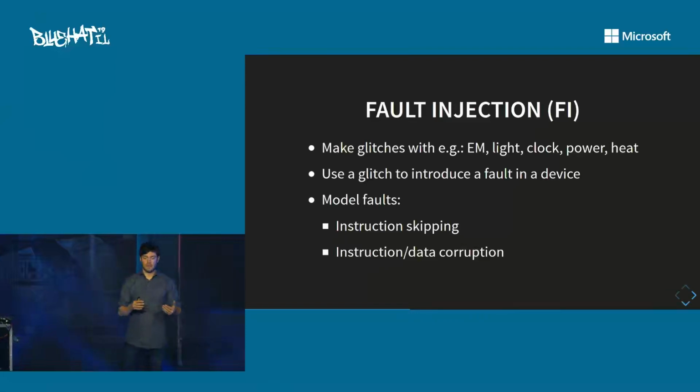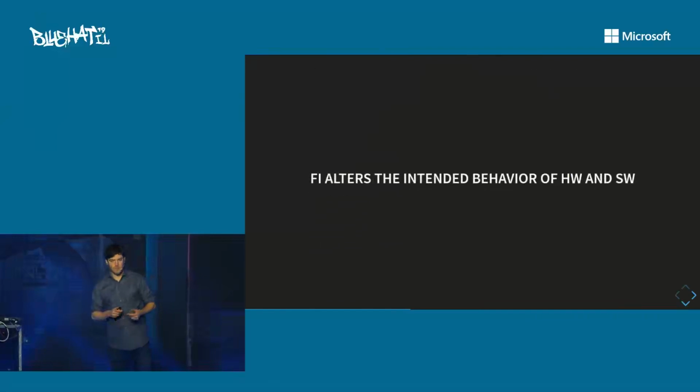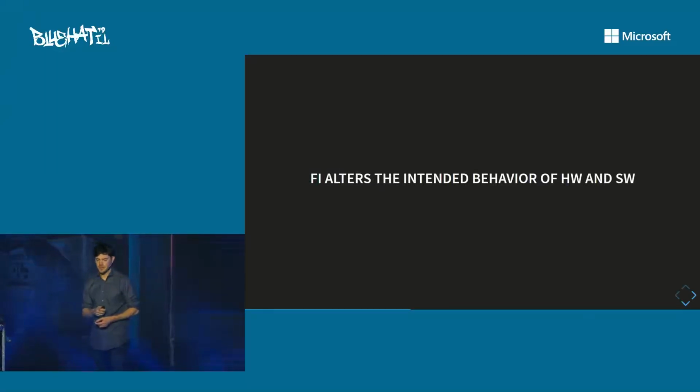And basically, this means that perhaps when the instructions are being fetched from memory, one of the bits flips. And instead of executing the original instruction, you're now executing an entirely different instruction. Cristofaro will talk a little bit more about that later. So the key takeaway here is that fault injection alters the intended behavior of both hardware and software.